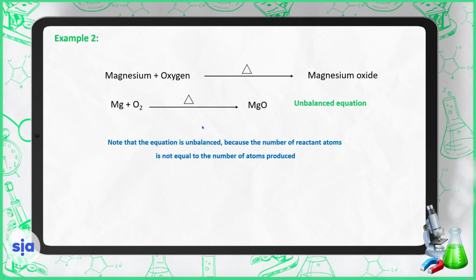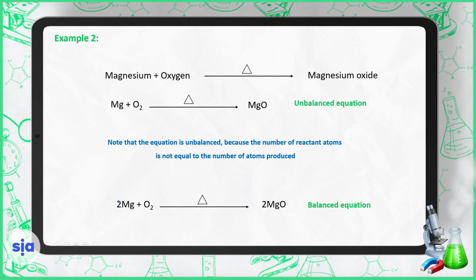This is an unbalanced equation. First of all, the magnesium atom will give a magnesium atom after the reaction. But here it's an oxygen molecule consisting of two oxygen atoms. So what are we going to do?